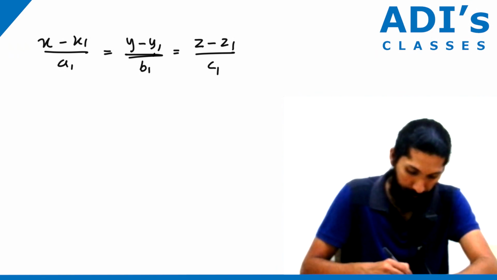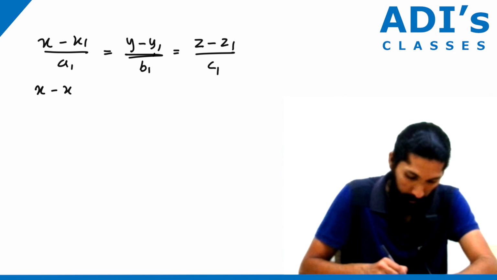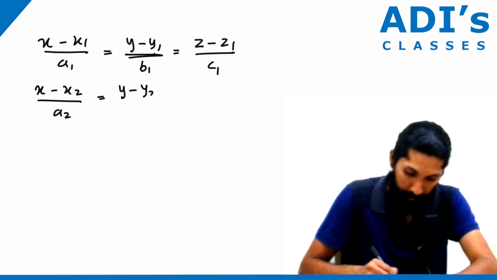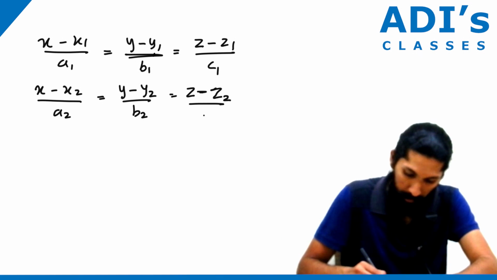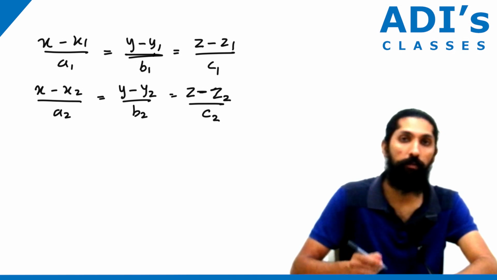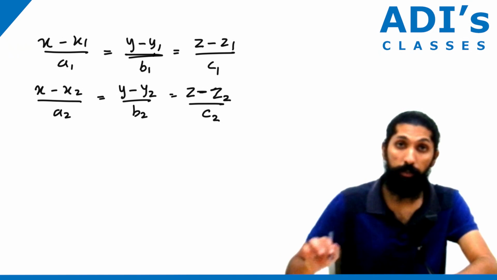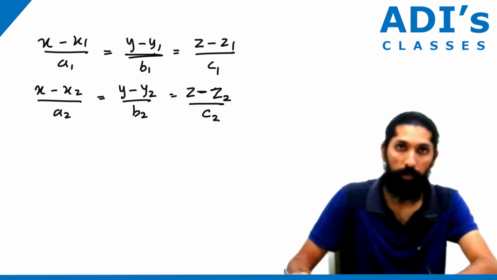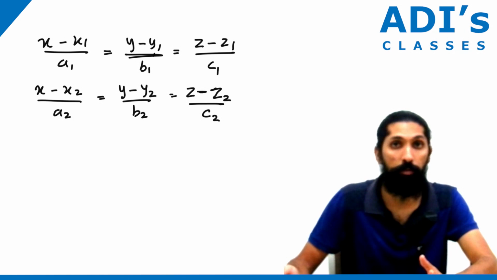First line. x minus x2 by a2, y minus y2 by b2, z minus z2 divided by c2. These are the two lines. Now, a1, b1, c1, a2, b2, c2 are direction ratios. We discussed this formula, cos theta, a1 a2, b1 b2, the same thing.